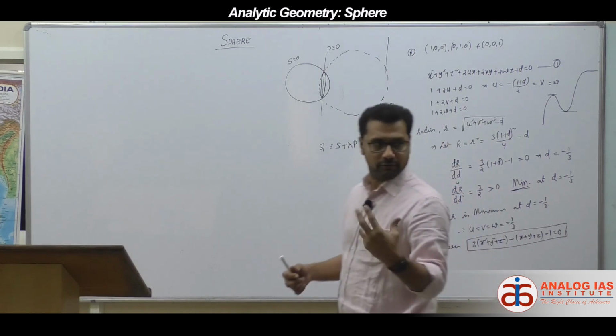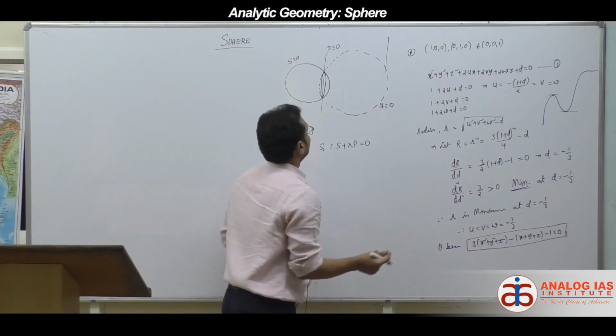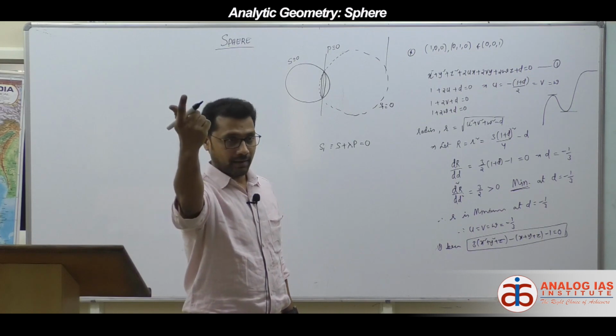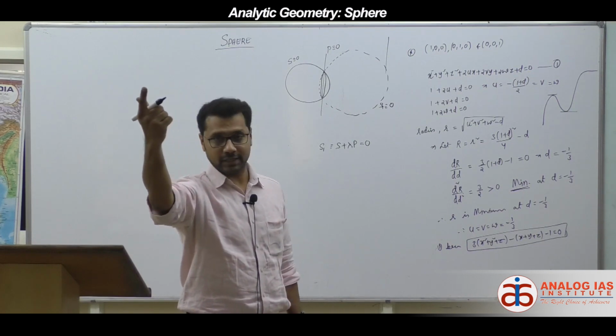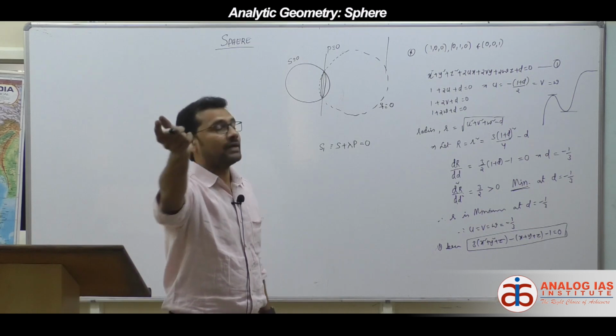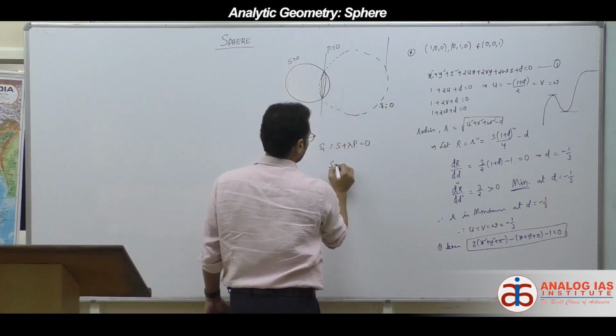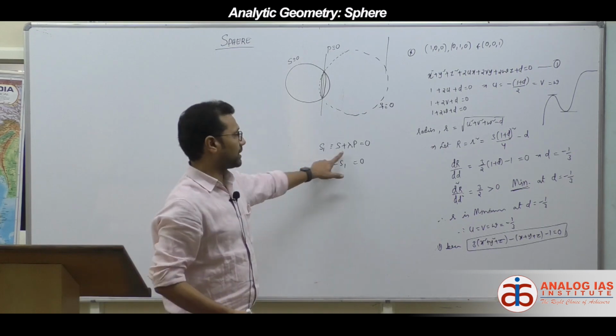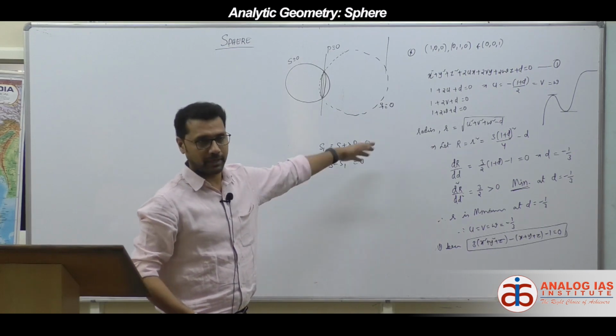That circle of intersection will always be in a plane. That plane is given by S minus S1 equal to 0. S1 minus S equal to lambda P, that means P equal to 0.